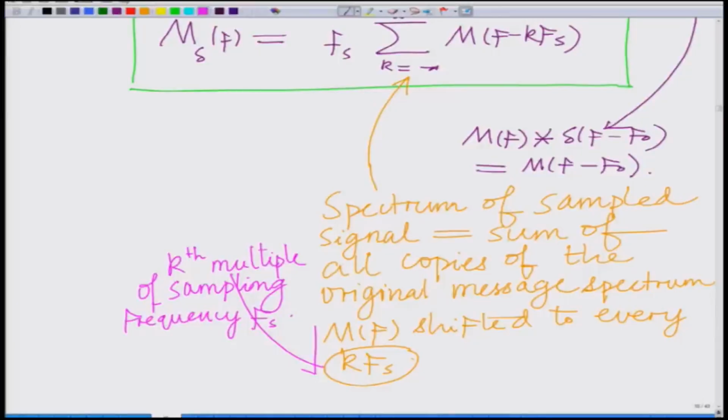So, you have the original spectrum M(f), now we are shifting this to each integer multiple of the sampling frequency Fs. Therefore, you are making an infinite number of copies of the original spectrum M(f), and then you are adding all these copies. Now, let us see in the frequency domain what this corresponds to.